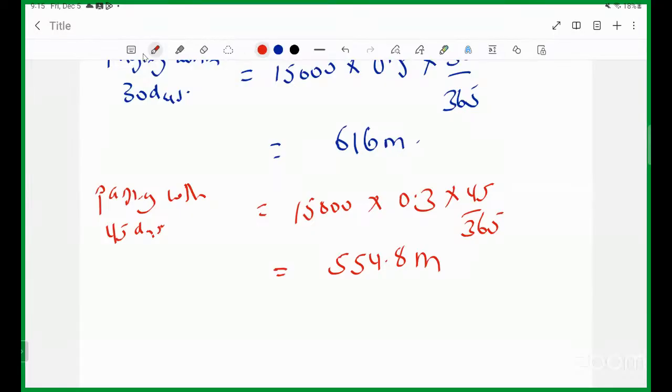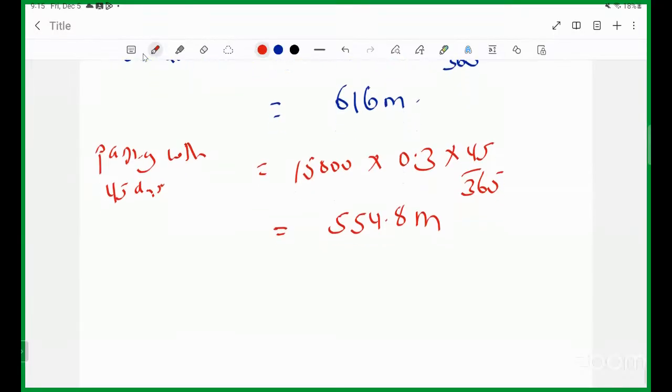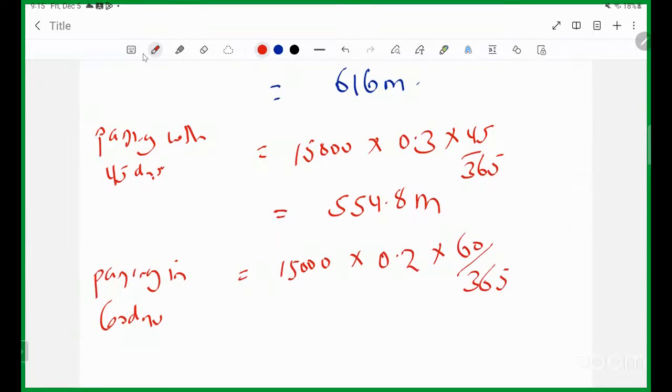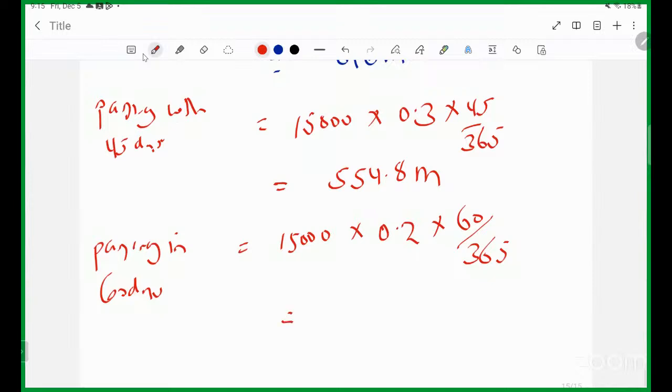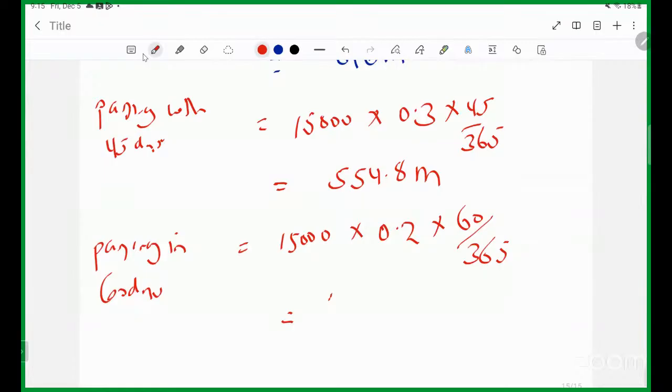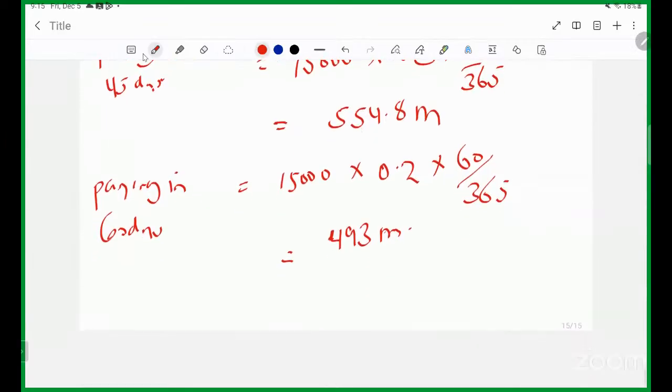So those paying within 60 days, paying in 60 days means it's going to be 15 billion times their 20%, 0.2 times 60 out of 365. You're going to have 493 million, sorry. Now, you're going to add the total cost.